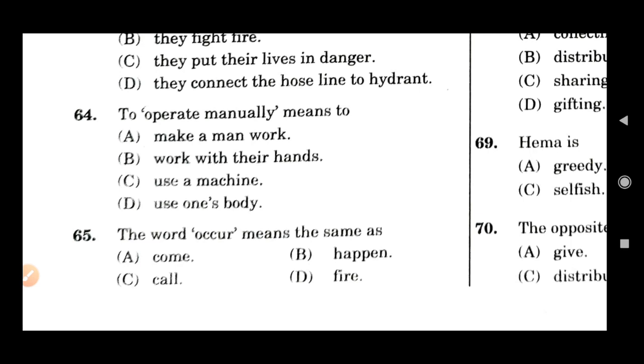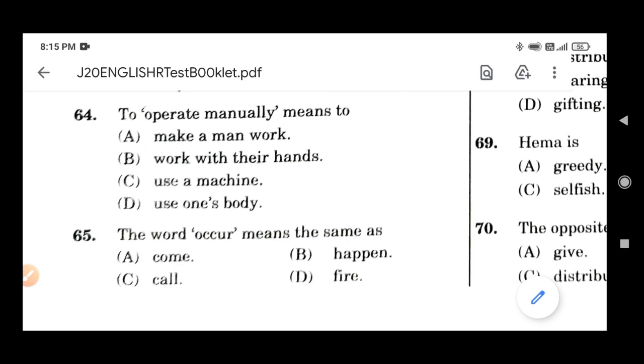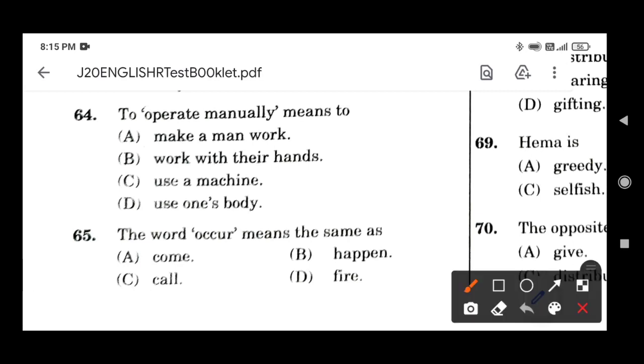Make a man work with their hands, use a machine, use one's body. So what is the option? Make a man work with their hands, use a machine. So the answer is B, friends.